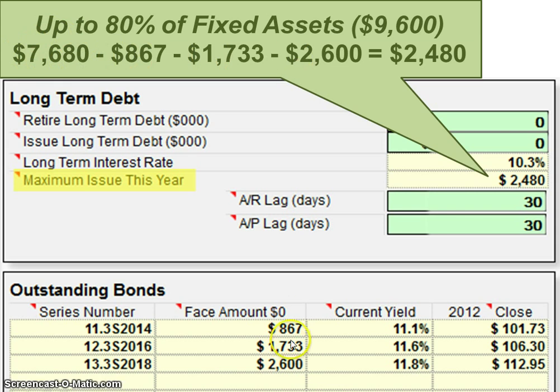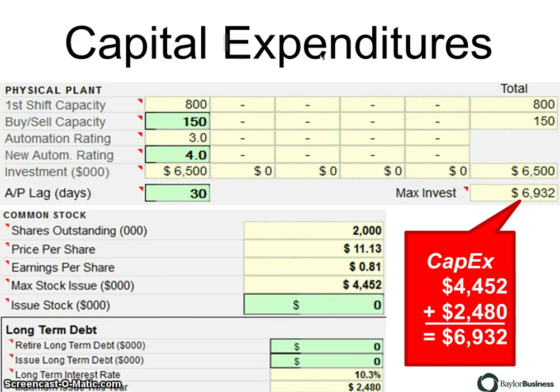And we have two bonds out already, an $867,000 bond and a $2.6 million bond. So we subtract those out: 80% of fixed assets less the bonds that we already have out equals, voila, the same number, $2,480,000. So that's the most that we can issue. Now, as our fixed assets grow and as we pay off bonds, you can raise more capital through debt. But that's how you get that calculation.